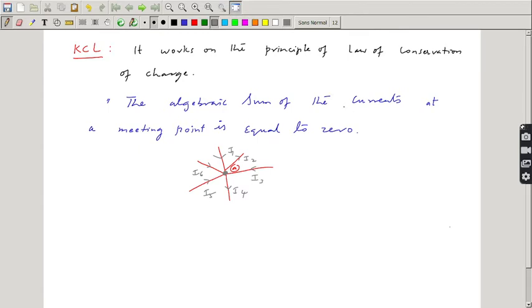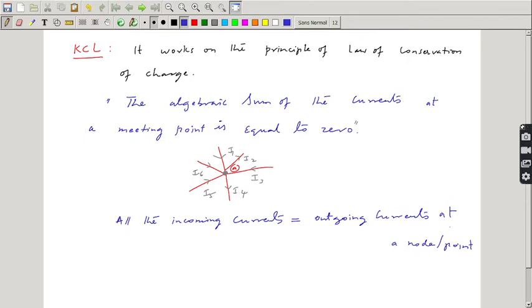Or else you can define KCL this way: all the incoming currents are equal to the outgoing currents at a node or point. That is also a statement for KCL.